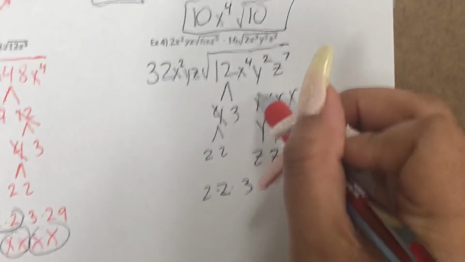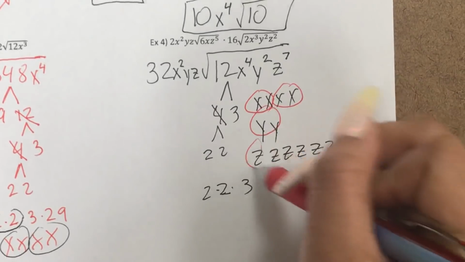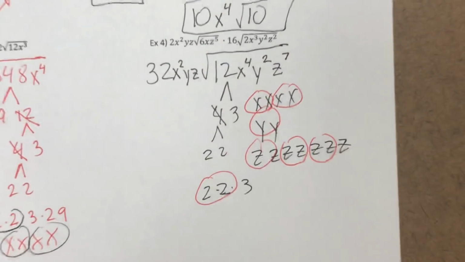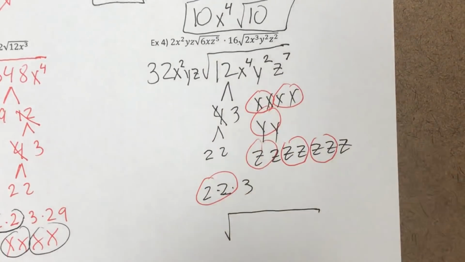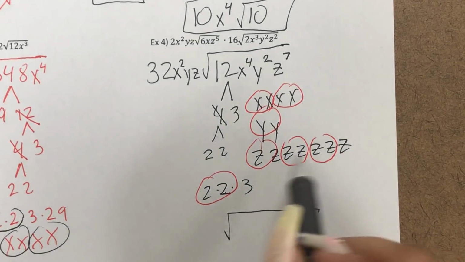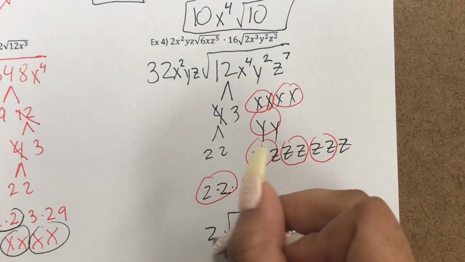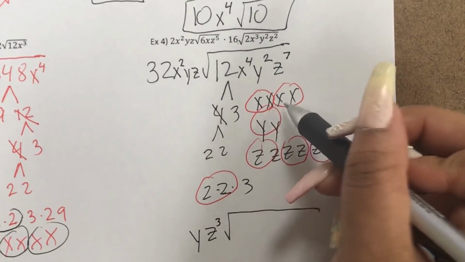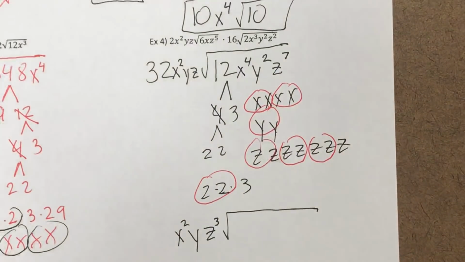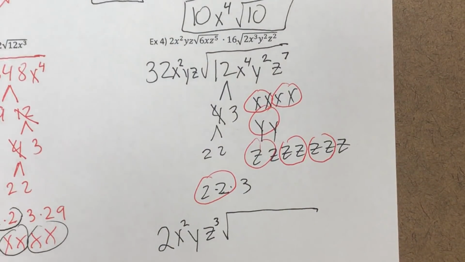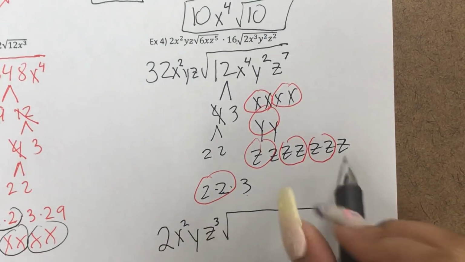Group them up. So what made it into a group is 1, 2, 3 z's, 1 group of y, 2 groups of x, 1 group of 2. What did not make it into a group? This 3 and this z.